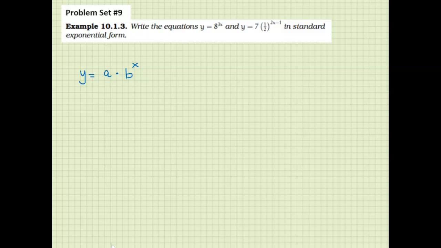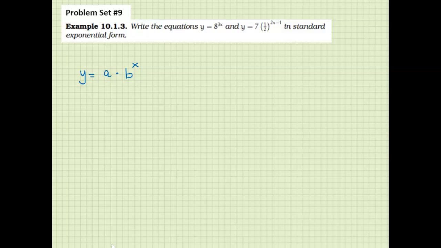Sometimes you can have a positive exponent, sometimes a negative exponent. So you can have equivalent ways of writing the same exponential function. But if you bring it back to the standard form, then you can compare the different forms of the function and see if they're the same or not.